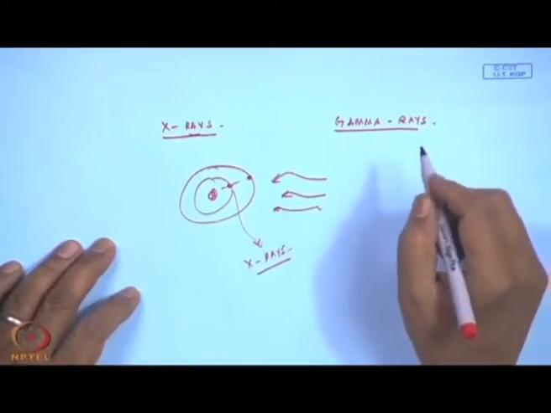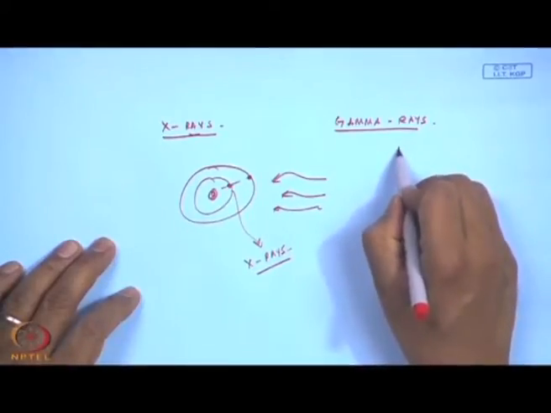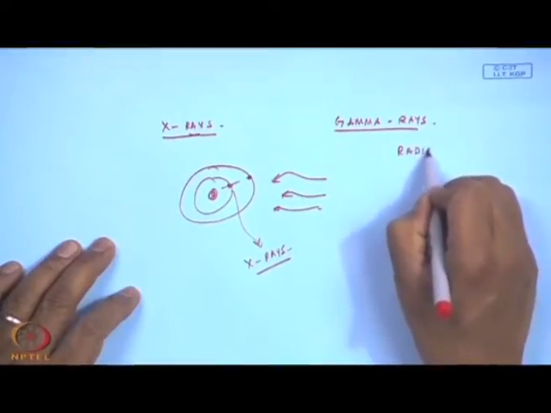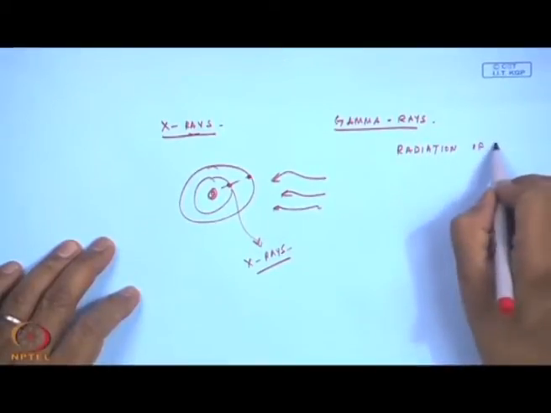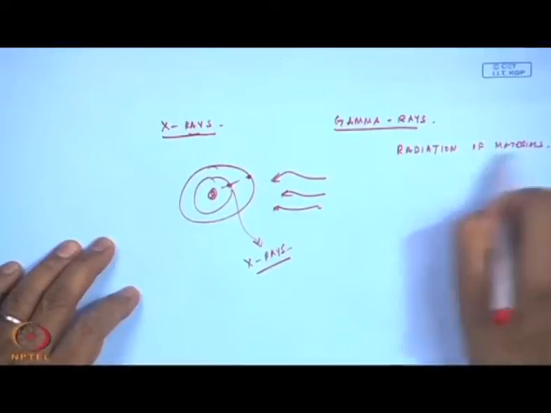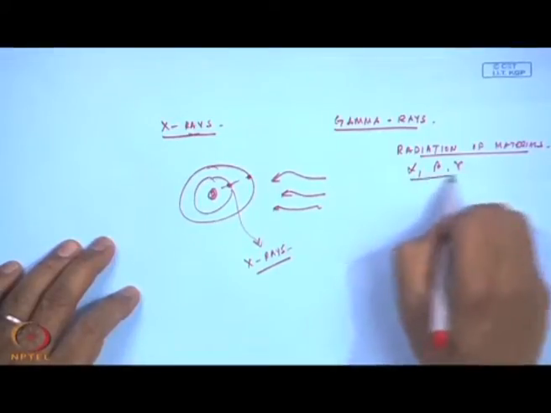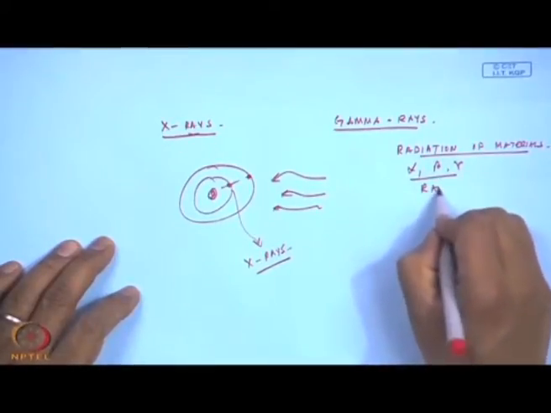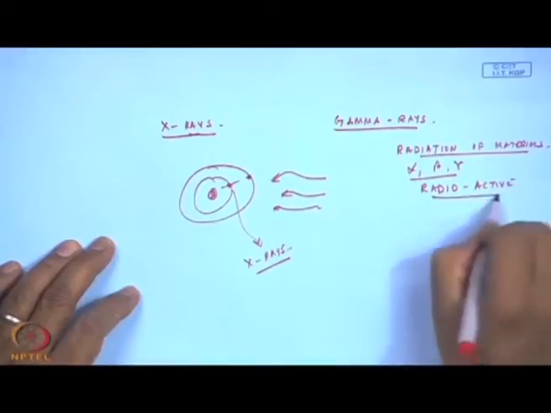As opposed to that, gamma rays come from the radiation of certain materials, the alpha, beta, gamma rays, which are radioactive. Okay.